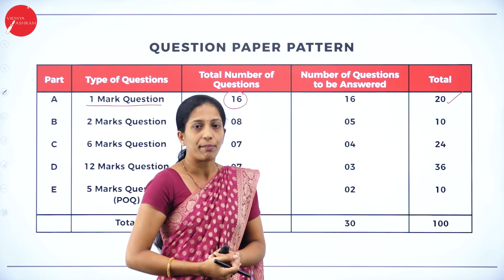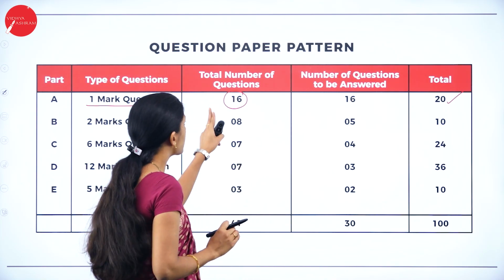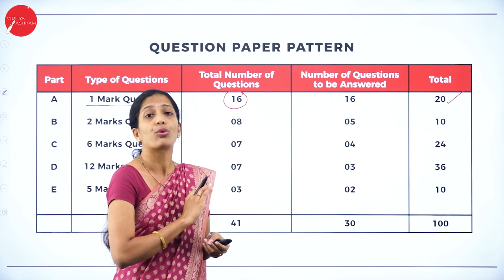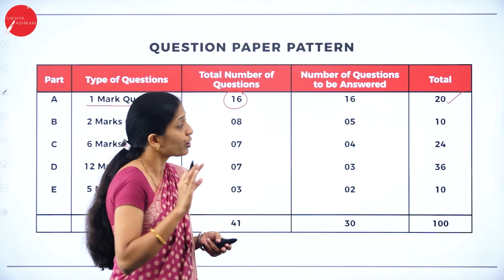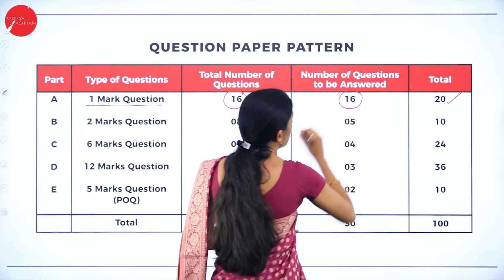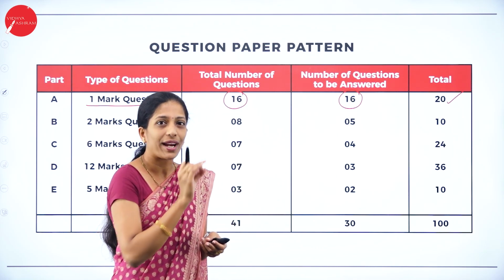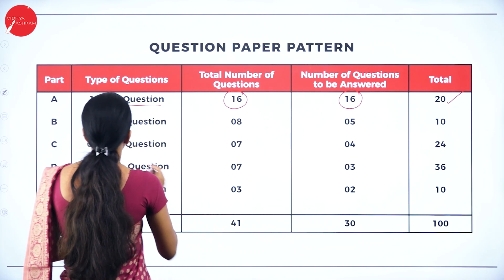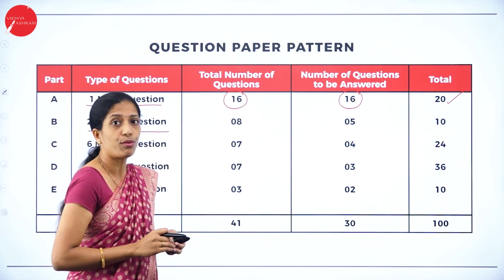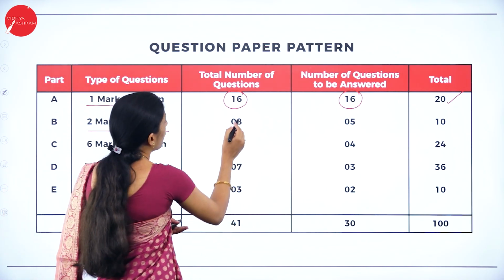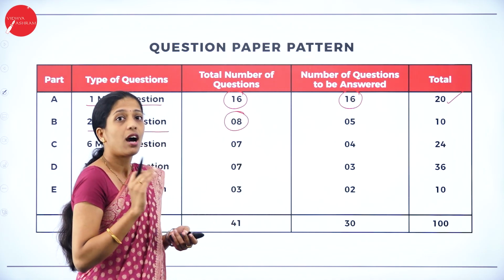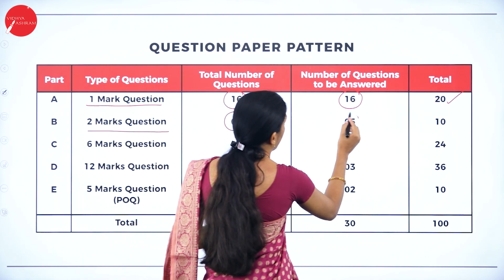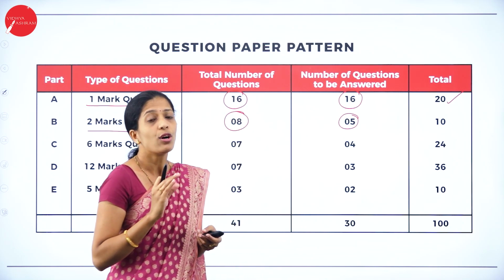So remember, in your part A, there are 16 questions, out of which you don't have any other options. You have to attempt all the 16 questions. The total weightage of part A is 20 marks. Coming to your part B, you have 2 marks questions where they are going to ask you 8 questions out of which you have to answer any 5. Here you have an option.